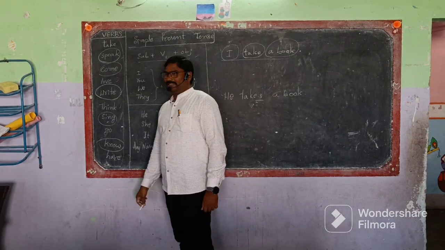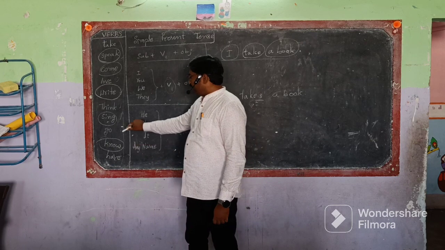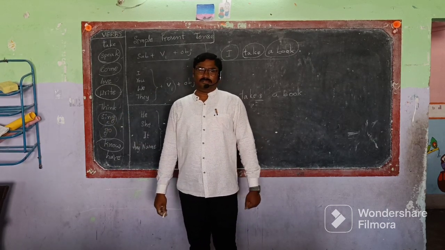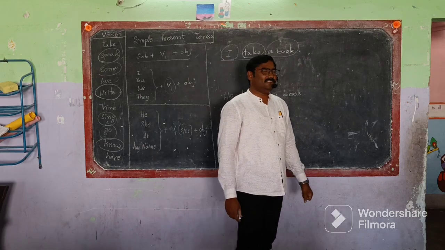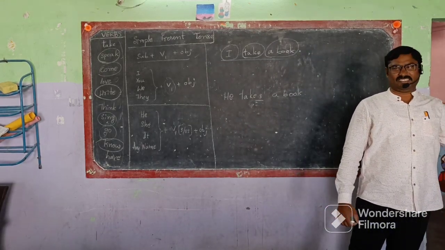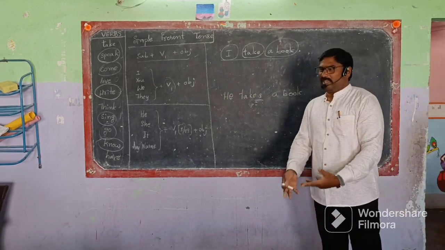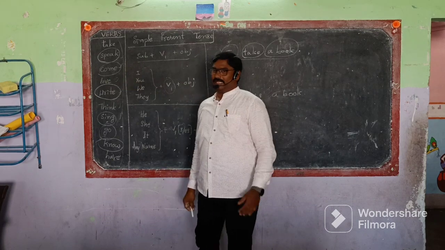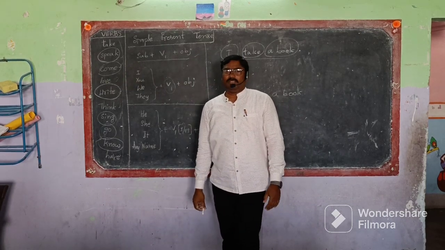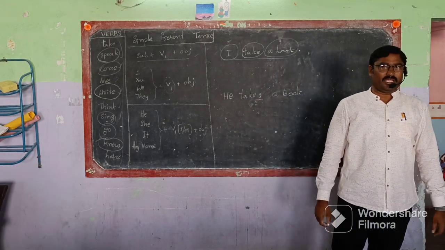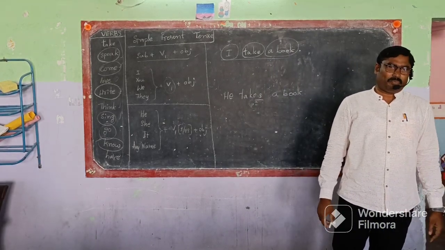I sing songs. I go to picnic. I go to market. I go to class. I go to school. I go to office. We go to office. I come to you. I come to your house. I come to your class.